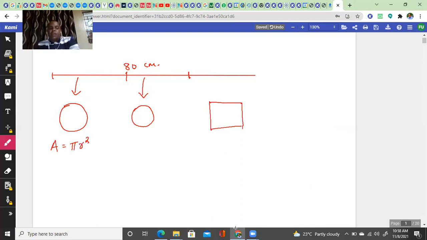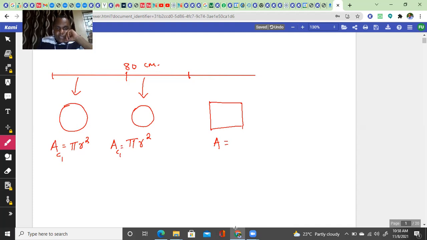And then for this one, it's going to be pi r squared as well. Okay, so we want to write the area of the square. What should we write? Maybe the area x of circle times x.